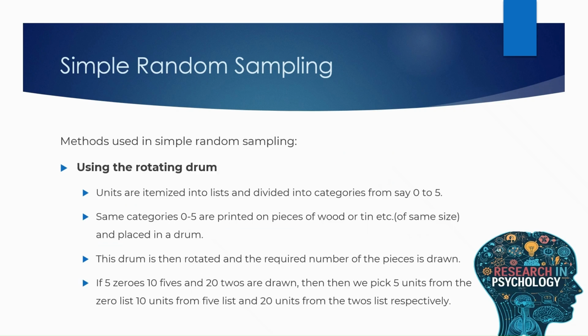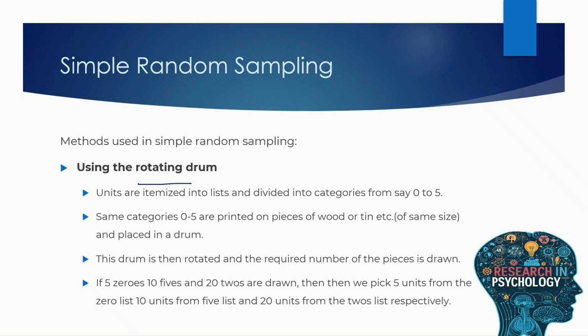All right. So secondly, we have the rotating drum method. In the rotating drum method, we assign numbers to each of the units, write those numbers on chits or papers or maybe pieces of wood or tin, then put them in a rotating drum, rotate the drum and randomly select.